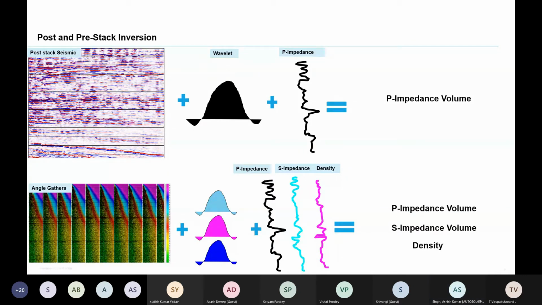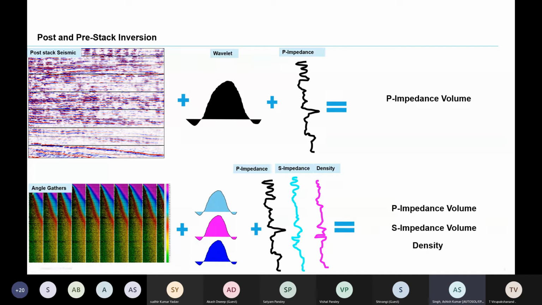Partial stack is basically when you generate the angle stacks, suppose 0 to 10 degrees, 10 to 20, 20 to 30, 32 degrees, using the velocity you can generate it. So if you generate, suppose, 4-5 angle stacks, there will be 4-5 wavelets, and the logs will be P impedance, S impedance, density.